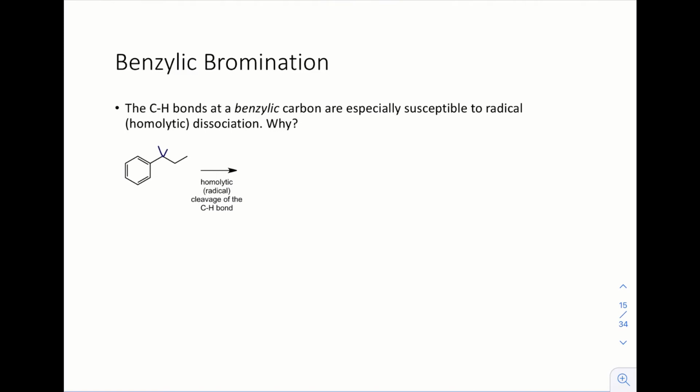Bromine is not the only molecule that reacts with alkylbenzenes in this fashion. So how can we understand this? Why is the benzylic CH bond especially susceptible to radical homolytic bond cleavage? Homolytic bond cleavage of that CH bond would generate this benzylic radical. Now, if you did not take the time to draw the resonance structures on the previous slide, pause now and try to draw those resonance structures on your own.